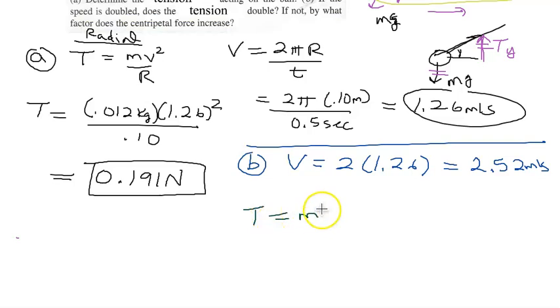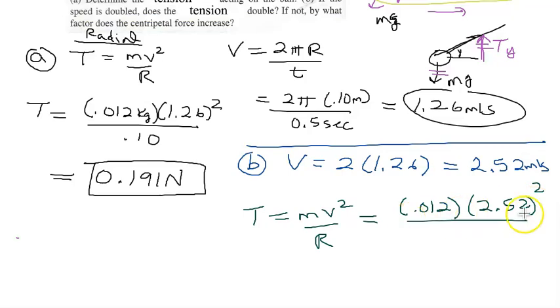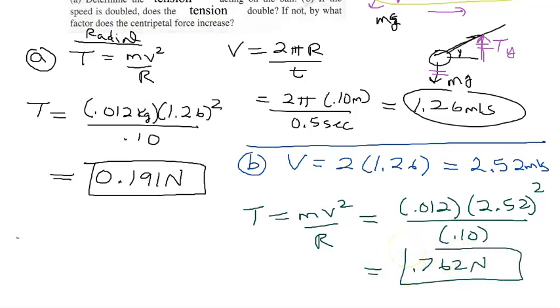But the trick is that the velocity is squared. I'm going to do out the math for you, but if you plug that in, because you are squaring the velocity, you get 0.762 newtons.